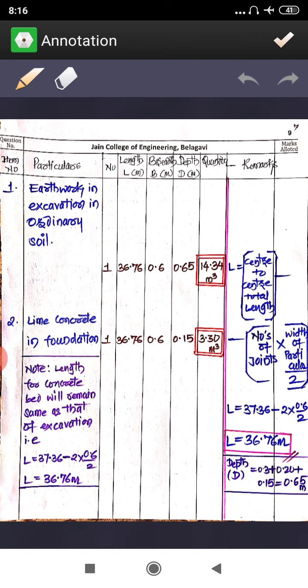I have given that note here, that length for concrete bed will remain same as that of excavation, that is 37.36 minus two numbers of junctions into 0.6 by 2, that is 36.76 is going to be length. Width is 0.6 and depth, as I showed in the cross section, is 0.15. So you'll be having the quantity of 3.30 meter cube.